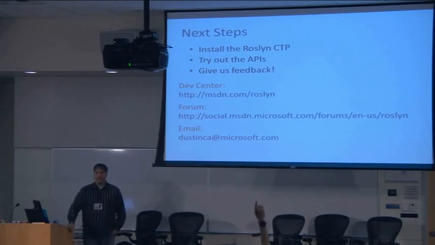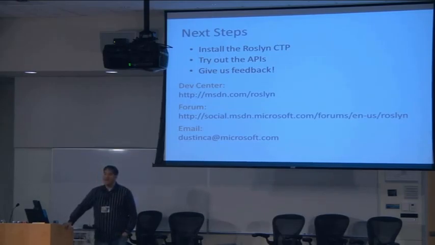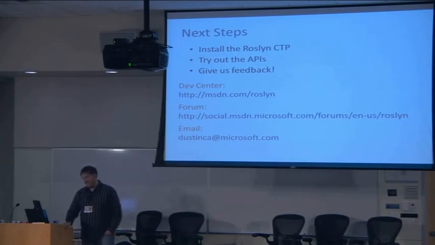Any other questions? A question about the trivia that is attached to the nodes. I'm not sure if you can answer this. When you reformat all the stuff, some of the trivia, particularly comments, move around like crazy, and I don't know what your formatter does. Does it try to do anything fancy? It does. It's very fancy. The one in Visual Studio 2010 is very fancy, and we need to have the same kind of fanciness.